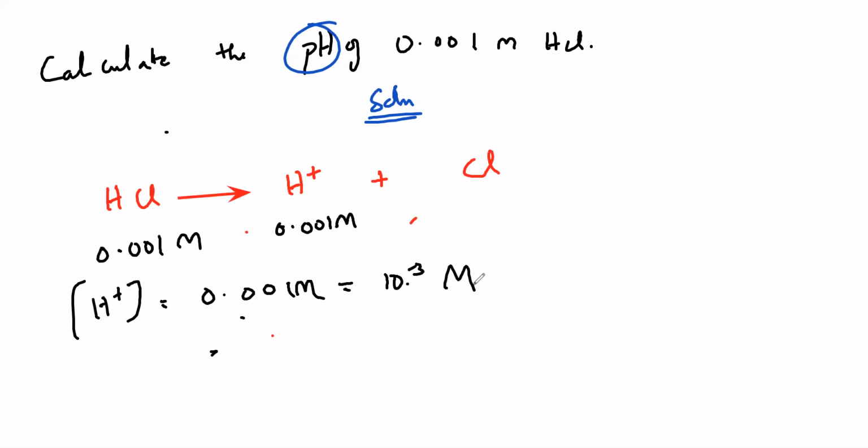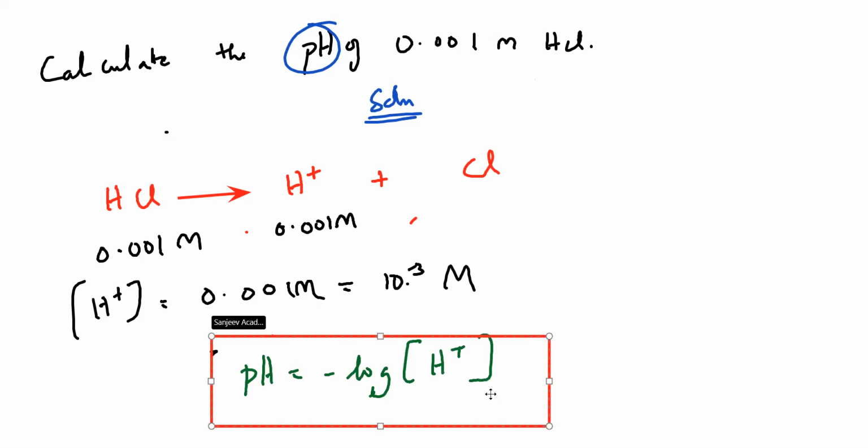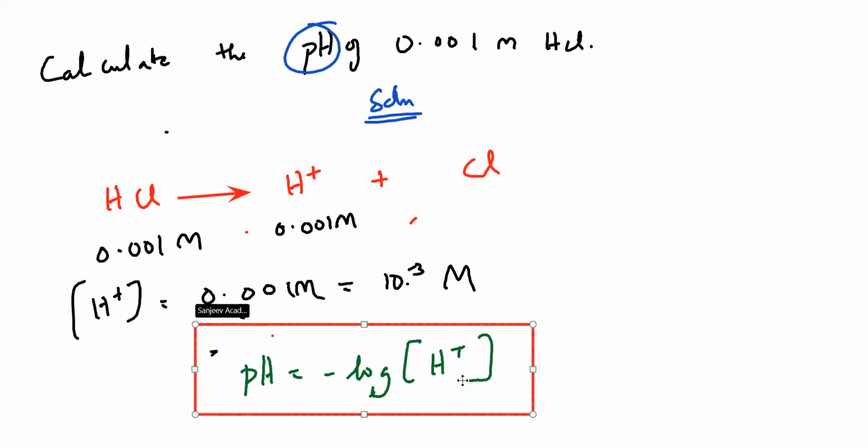Then the most important formula for us: pH is equal to minus log H plus. Put it in a bracket. Fine, put it in the box.